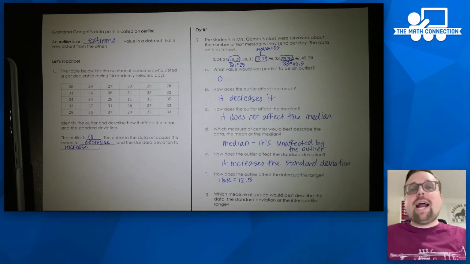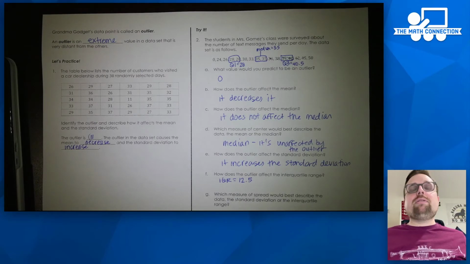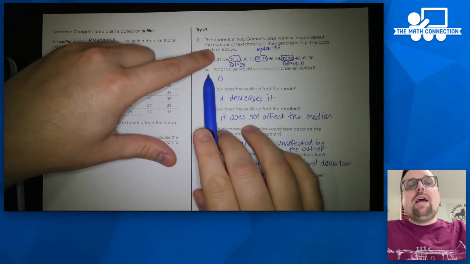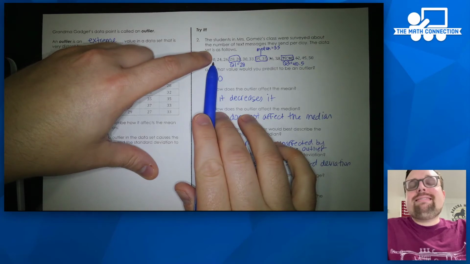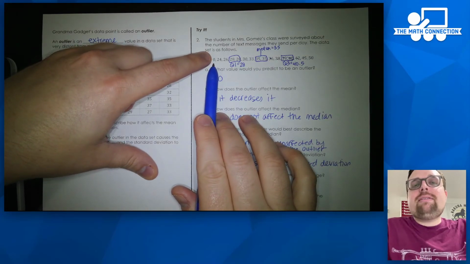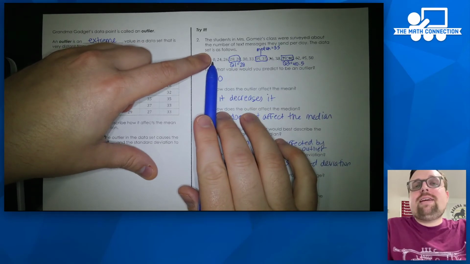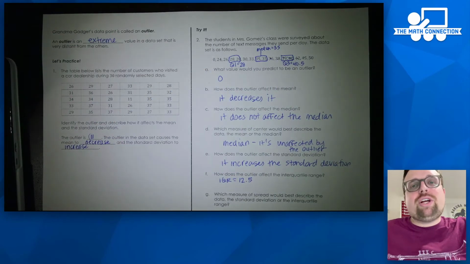It's Q3 minus Q1. Now, does the presence of that outlier change anything about this? Well, if this number, this 0, was 10, it would still be considered an outlier because it's pretty far away from these other data points, and it's still in the same positioning. And therefore, my Q1 and Q3 aren't changing at all.